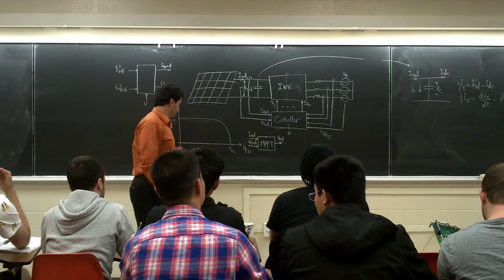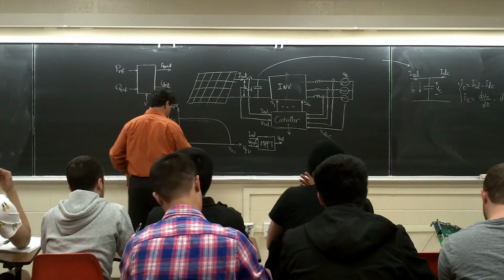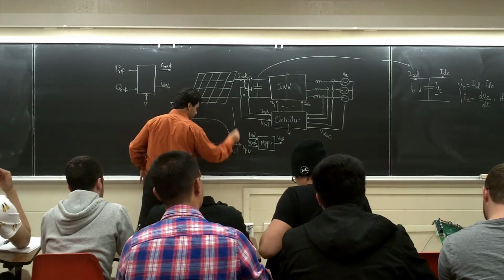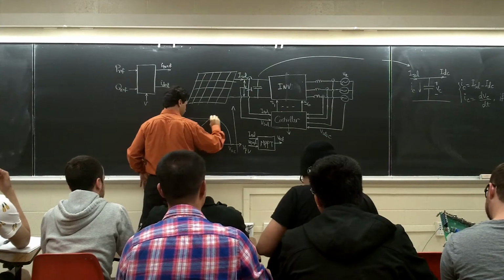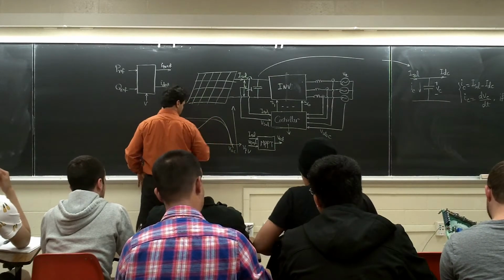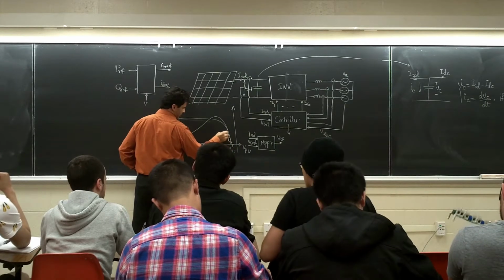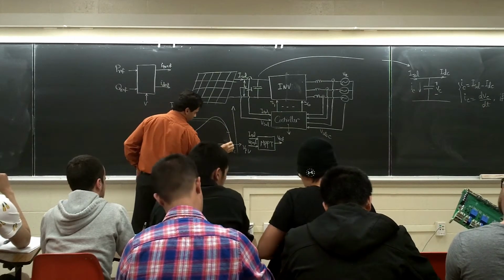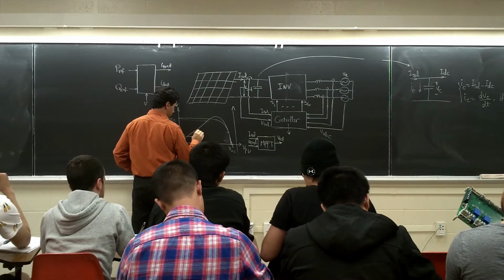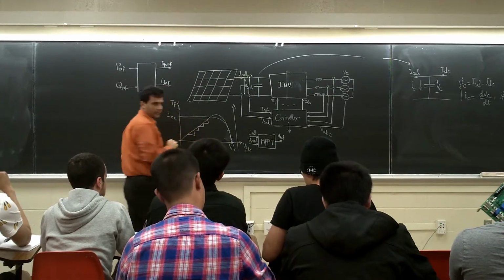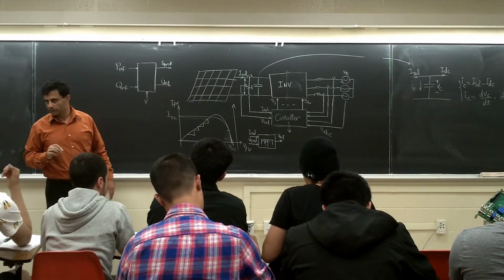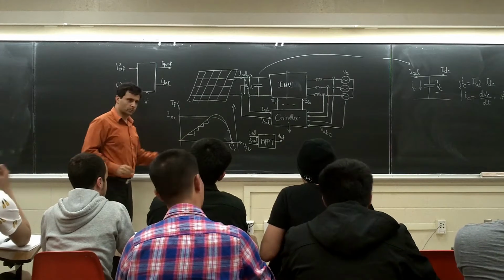Now, let's think about it. If you remember, with the MPPT, this is the P curve, right? We said we start from here, and we are going to go step by step. I think this curve is probably difficult, so I'll put it here. We're going to go like this, right? So now look here.